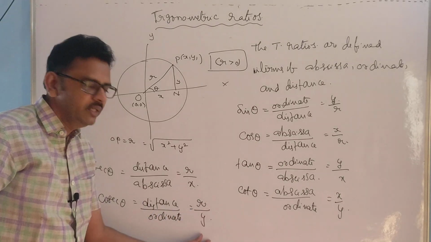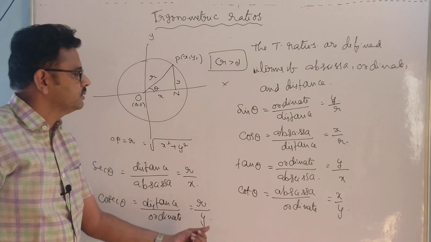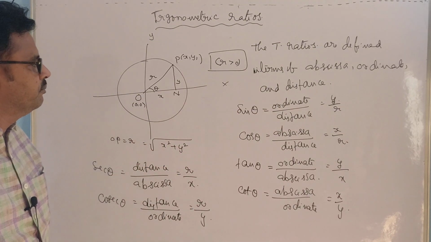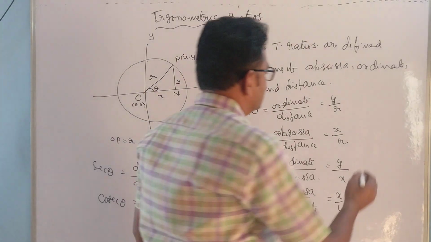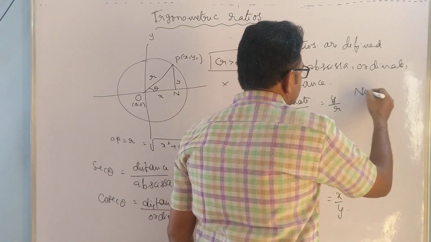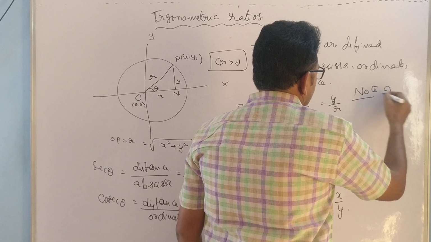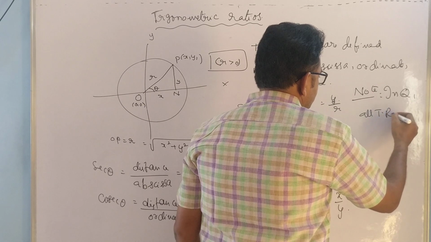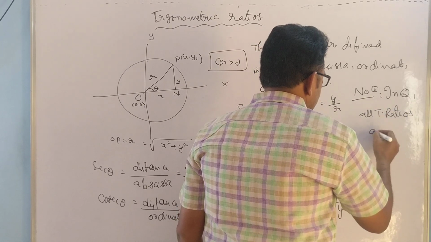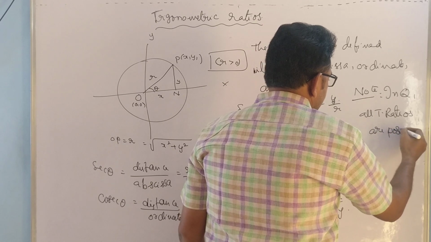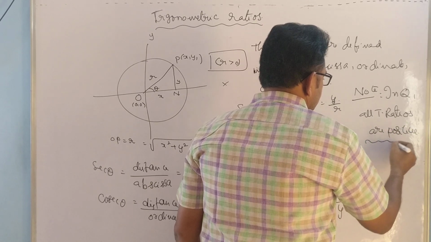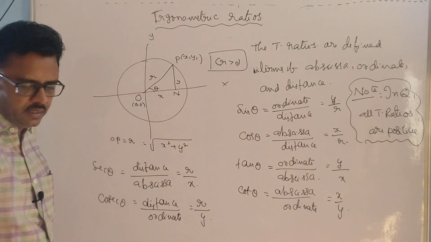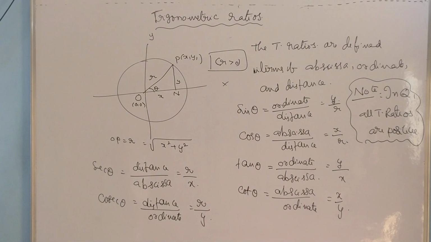Secant theta, r by x, and cosecant theta, r by y, are also positive, since r is always distance. What is the conclusion? In the first quadrant, Q1, all trigonometric ratios are positive.